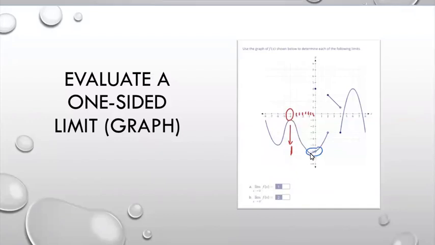As you make these x values smaller and smaller, you see how this -6 point something gets closer and closer to -6. So the limit when x is approaching 0 from the left for this function is -6.